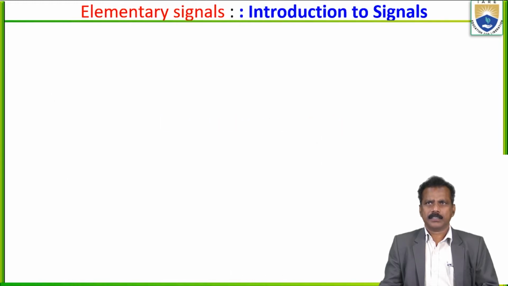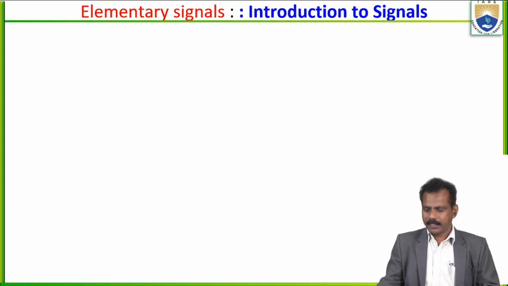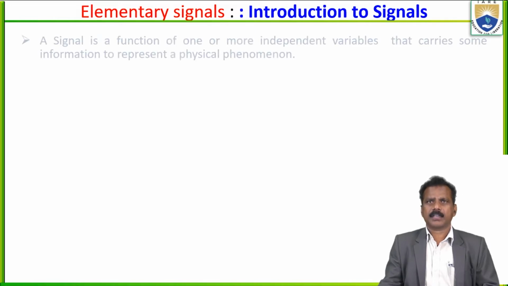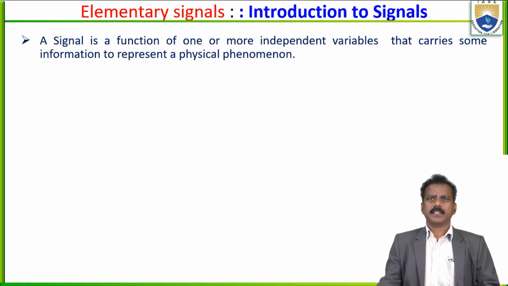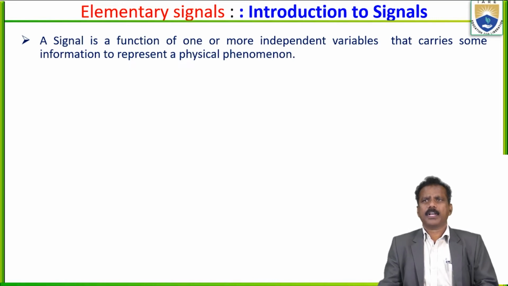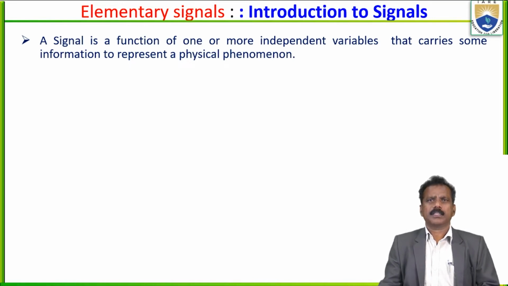Next, under this, the elementary signals, what are they? If you want to analyze all elementary signals, we require to know how they vary, how many signals are available, and how the variation of these elementary signals is affected with respect to time. A signal is a function of one or more independent variables that carries some information to present a physical phenomenon.